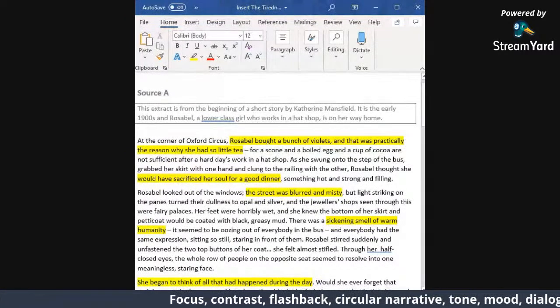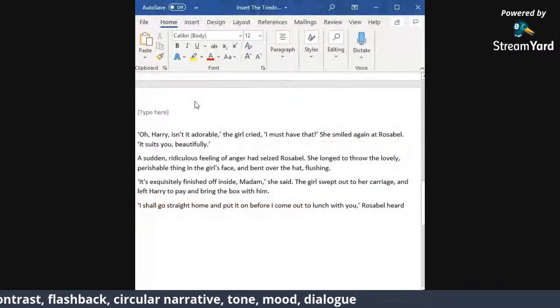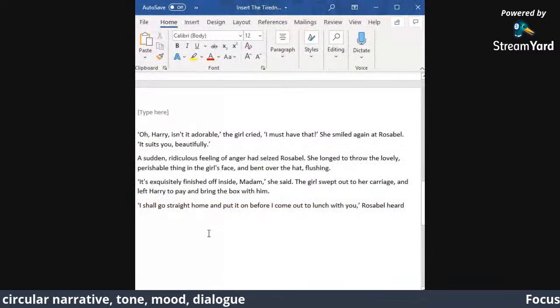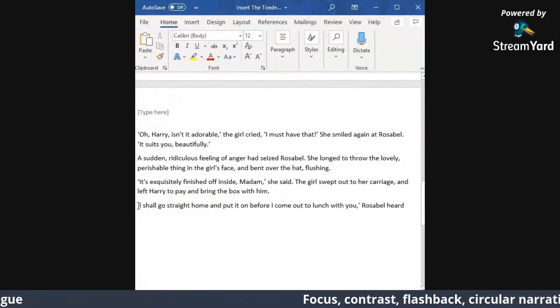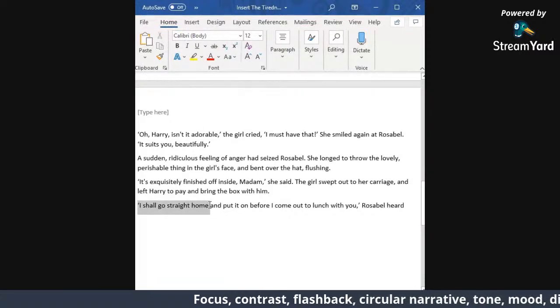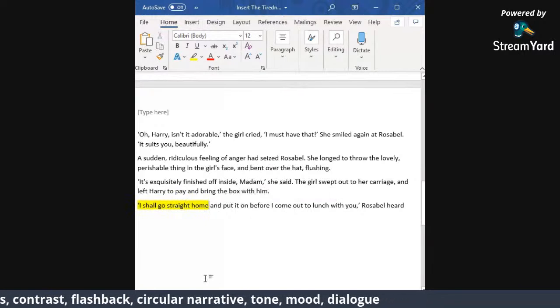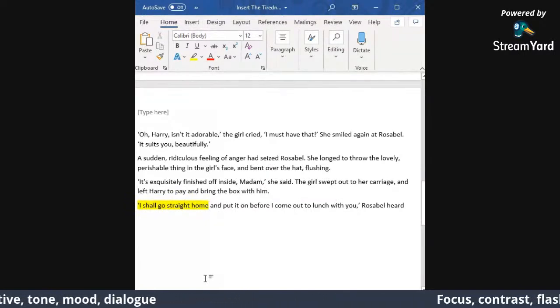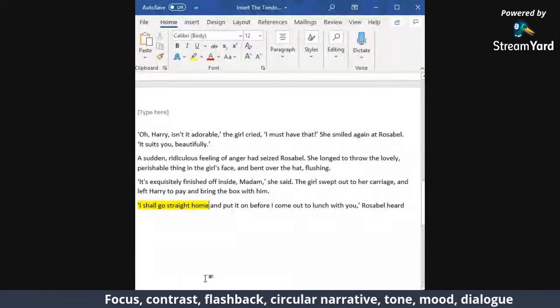Now, when we go to the end of the extract, we get two elements of circular narrative that come together, and one of them is "I shall go straight home." And in the case of the beautiful redhead girl, obviously the two lives of Rosabelle and this wealthy girl are so different, so it highlights the contrast in their lifestyles.